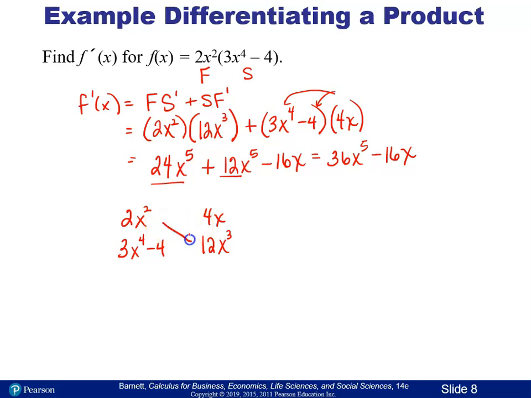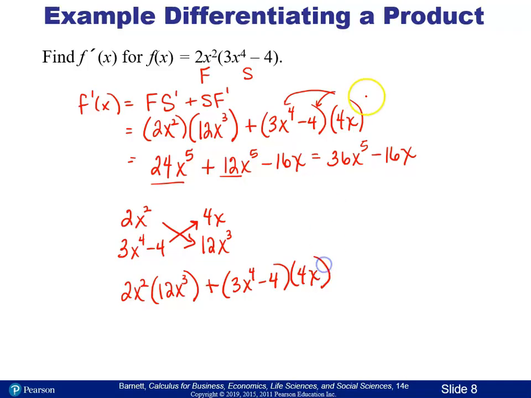So then we're going to cross this way. So 2x squared times 12x to the third plus, and then we're going to cross back this way. And you can see that we have exactly the same thing that we had here. So it's just a different approach to it, but it's going to get you to the same place.